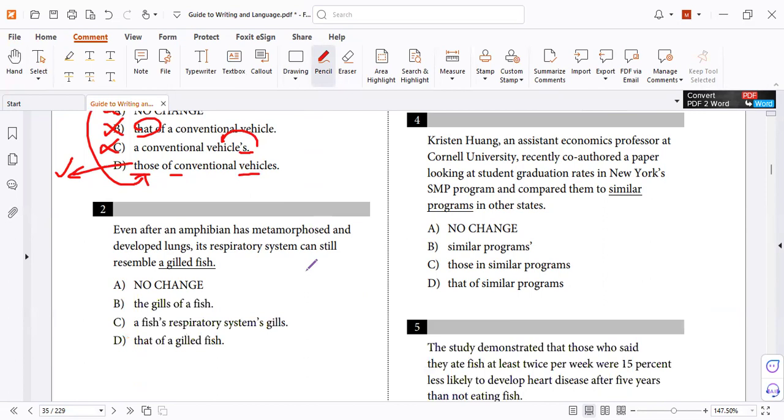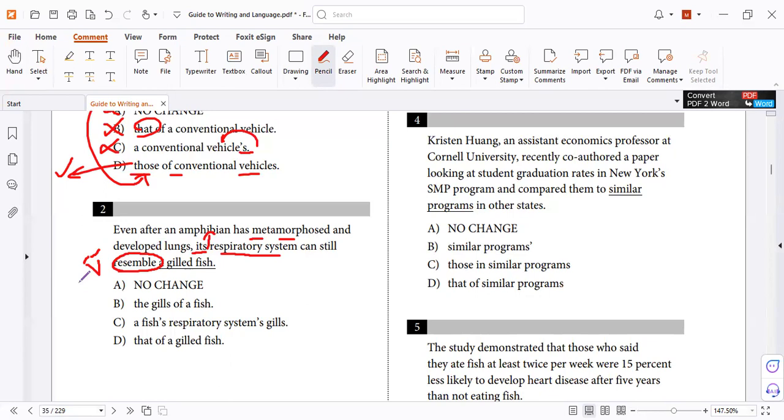That's a point. Again, even after an amphibian has metamorphosed, as you know, morph means the form, and meta changes the form, and it developed lungs, okay. Its respiratory system, it refers to amphibian. Its respiratory system can still resemble, means, as you know, similar to.